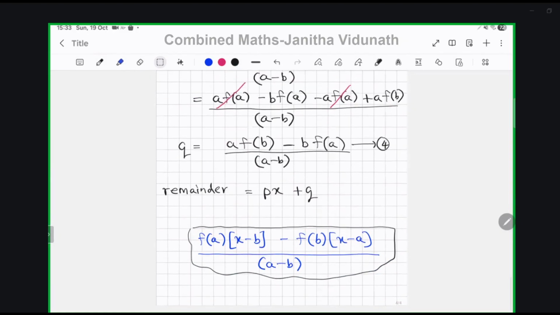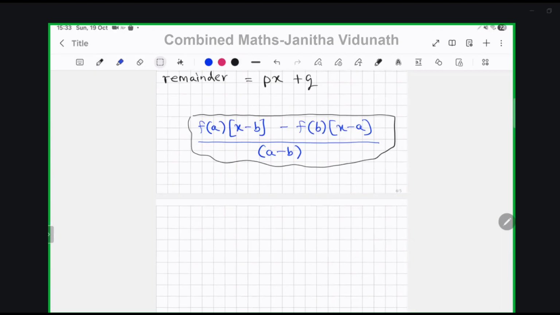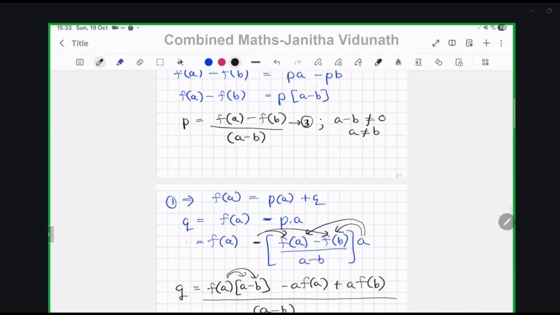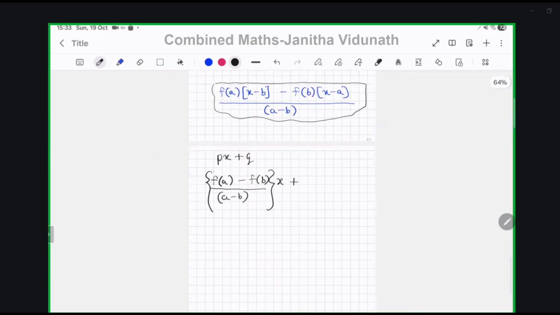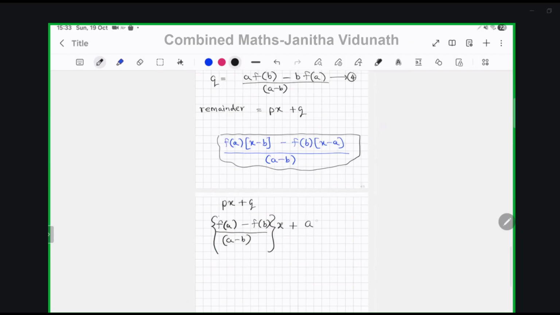Now, what we have was Px plus Q. The value of P is FA minus FB over A minus B. That means our remainder is this times x plus Q. Our Q value is A times FB minus B times FA over A minus B.